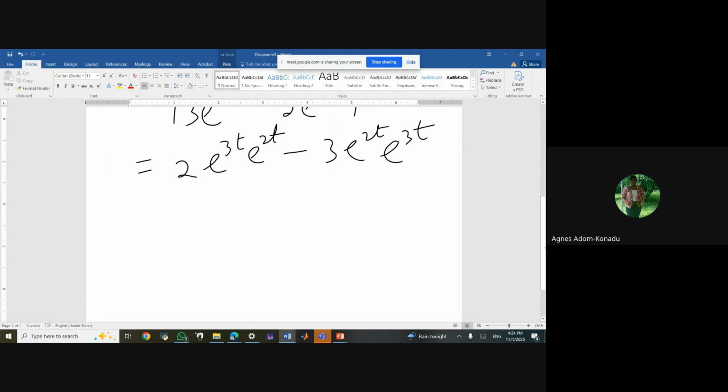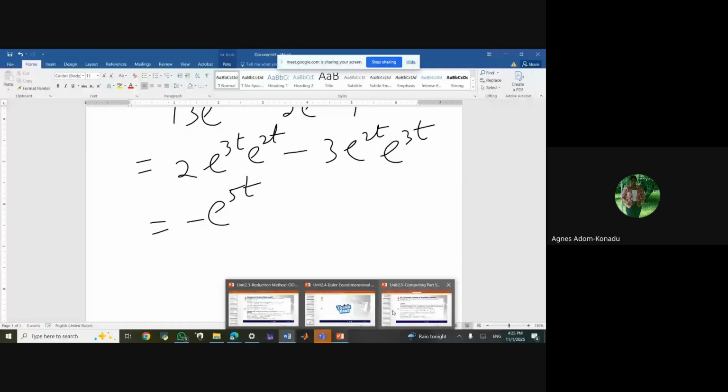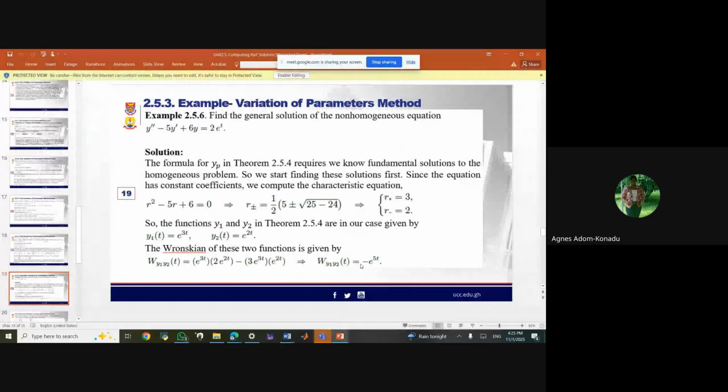What do I get? Negative e to the power 5t. So the Wronskian is negative e to the power 5t.